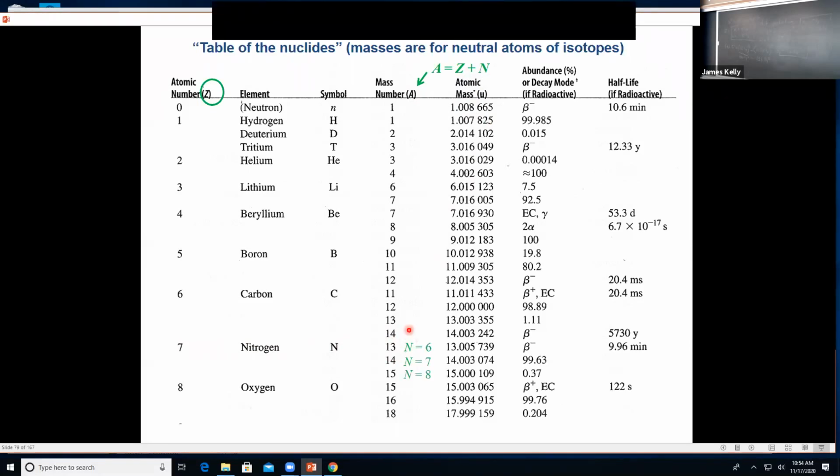So here, as we go down in this list of isotopes of nitrogen, we're getting the same number of protons, but increasing number of neutrons as we go down. Now, there's only a couple listed here because that nucleus becomes unstable and spontaneously decays. And in fact, you'll see down here that most nitrogen is nitrogen 14. So nitrogen 14 is stable. And if you obtain some nitrogen on Earth, you would find that 99.6% of it is composed of nitrogen 14.